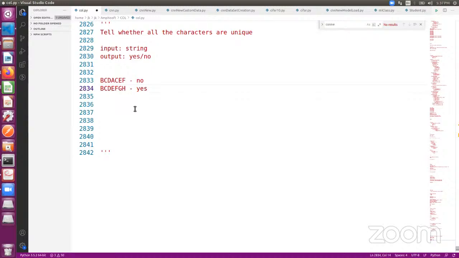So I want an n square algorithm. Question is clear, right? A string would be given. You should give the output whether all the characters are unique.